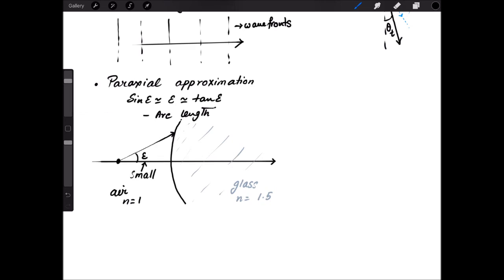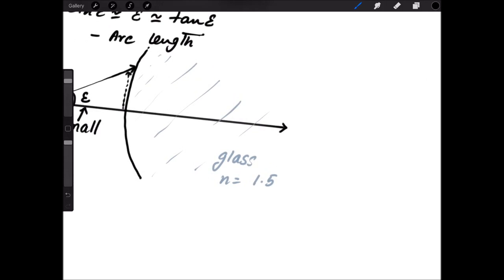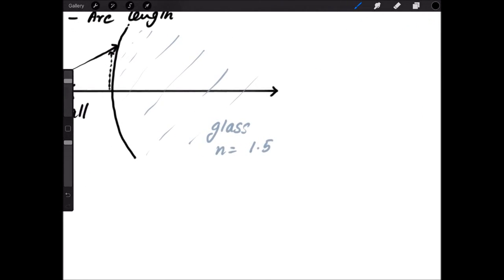What happens is we ignore the difference between this point, so let me mark that with red, and say this point. So essentially this difference is very small and we can ignore that.